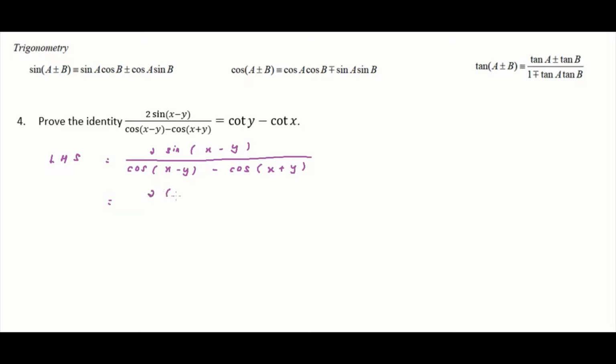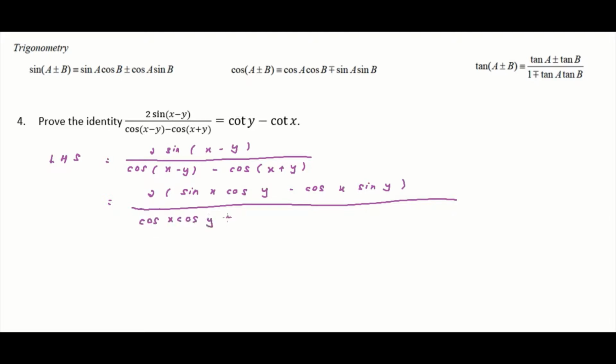So that's why 2 times sine x cos y and then minus cos x sine y, whole thing divided by cos x minus y, which is cos x cos y plus sine x sine y. And then minus, so remember to put your bracket so that you won't confuse later. So cos x cos y, and then this is plus, right? So it becomes minus.